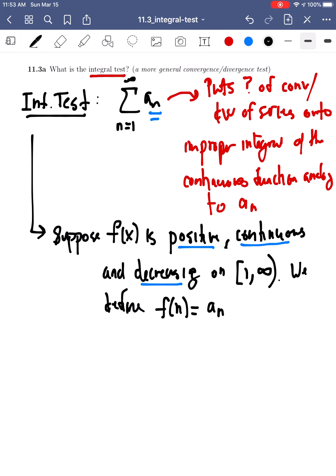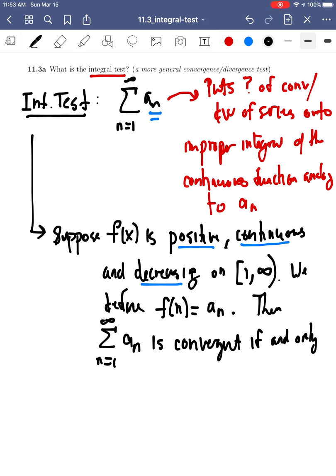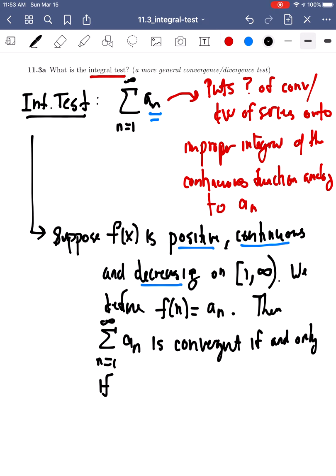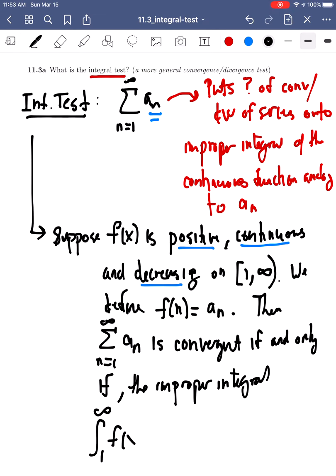So let's actually define this series test. Our series from n equals 1 to infinity of a sub n is convergent if and only if the improper integral from 1 to infinity of f of x dx is convergent.